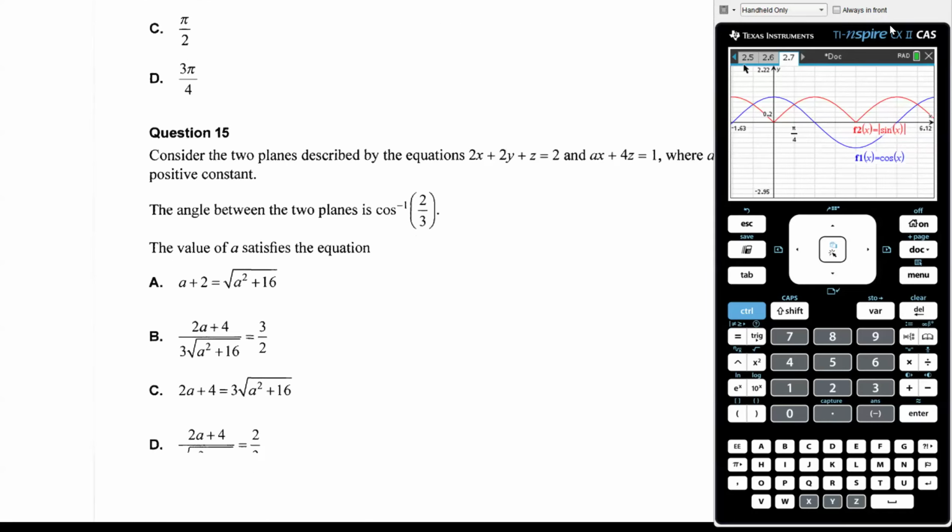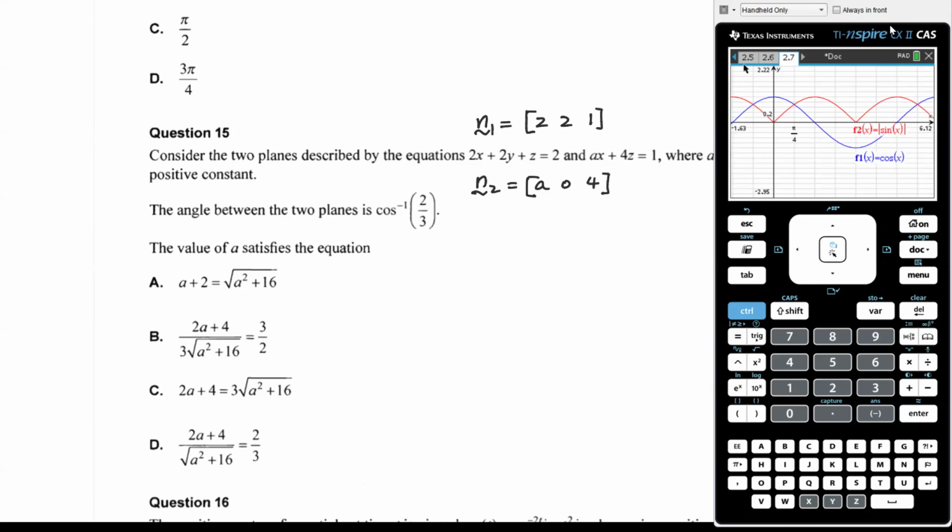Question 15, we have two planes, 2x plus 2y plus z equals to 2, and ax plus 4z equals to 1. So we have n1 equals to maybe 2, 2, 1, okay? And n2 equals to, we don't have a y here, so we only have a, 0, and a 4.